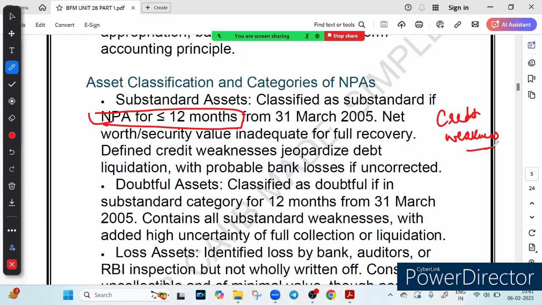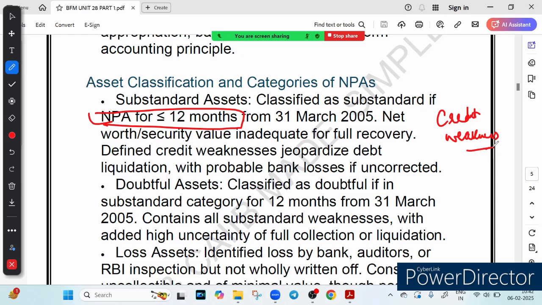It also means that if the borrower does not improve, the bank might face a loss. So credit weakness, not recovering the full amount, and the bank might face a loss. That is what it means when a loan is classified as a substandard asset.